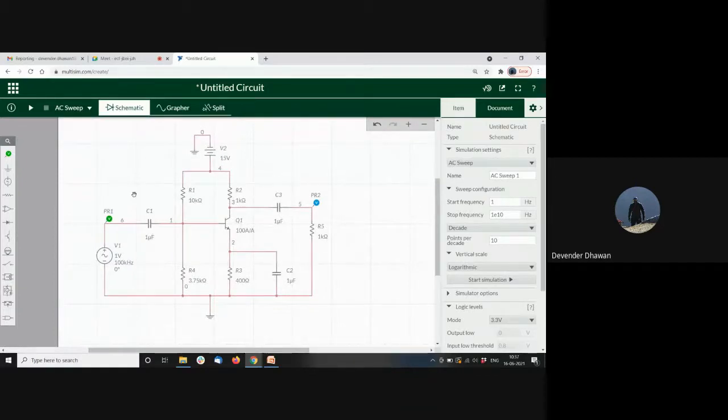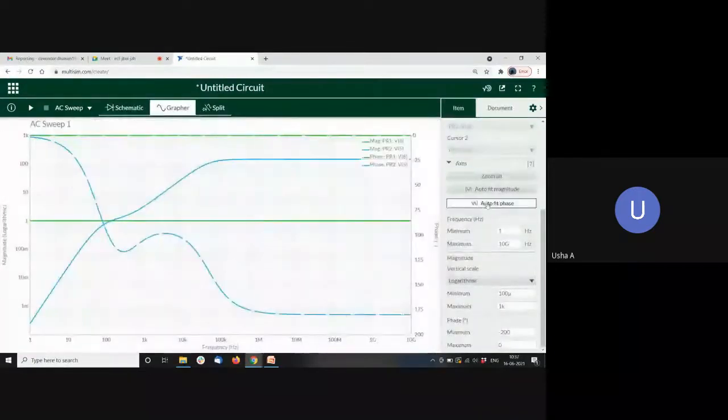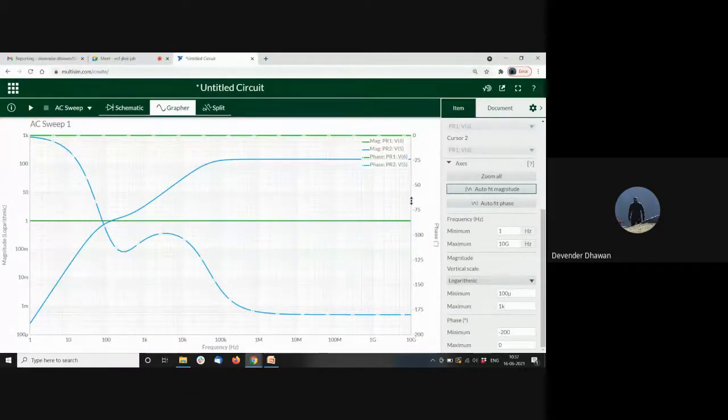Okay, so any further question on this common emitter? Sir, is there something like auto fit, auto magnitude fit and auto time fit available? No, that is for your y-axis.